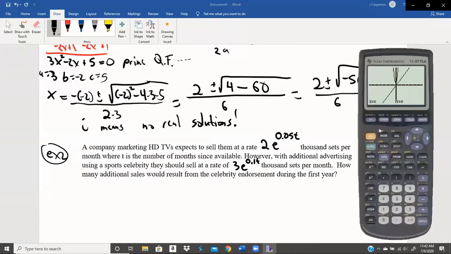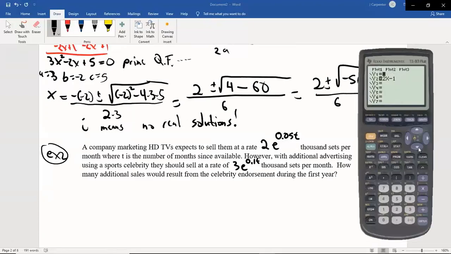So let's pull up our graph. And let's have the function 2e to the 0.05x, can't do t's, and the other one was 3e raised to the 0.1x instead of a t.